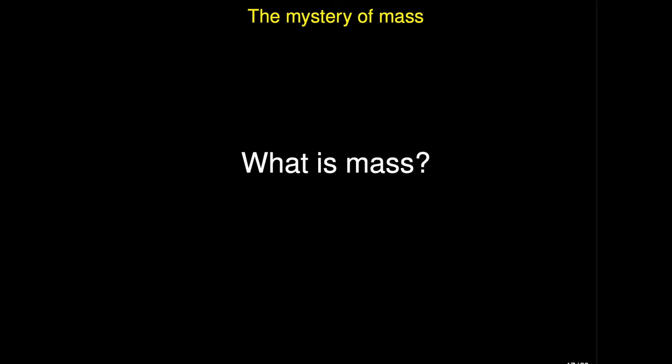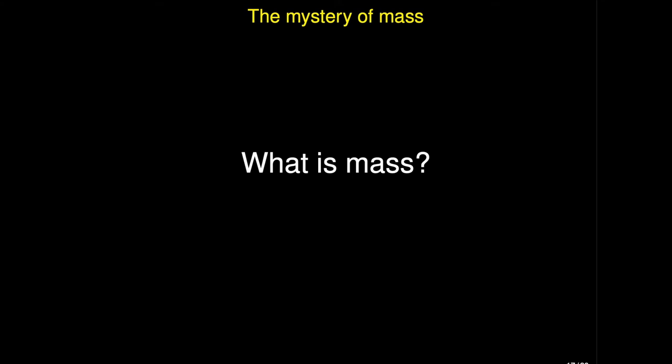Another way of thinking about mass, and the way we're going to think about it here, is as a measure of how unresponsive an object is to an applied force.